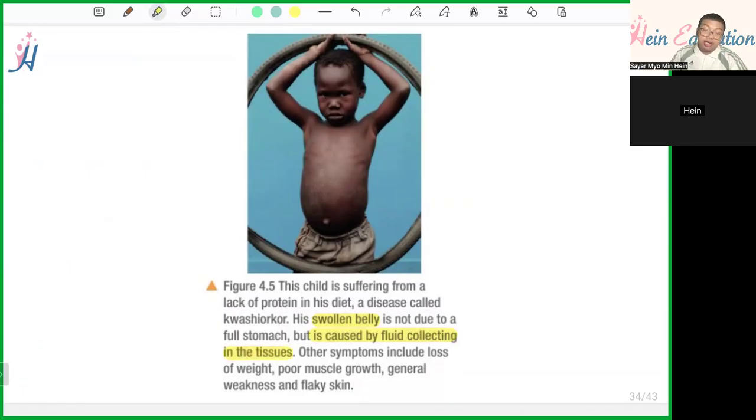Other symptoms include weight loss, poor muscle growth and general weakness, right? Because the child is not getting enough protein needed for body growth. So this is one of the deficiency diseases caused by lack of protein in our diet, which is known as Kwashiorkor.